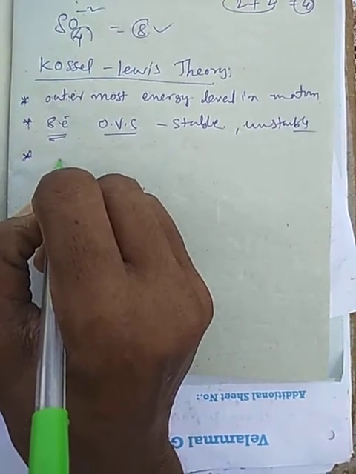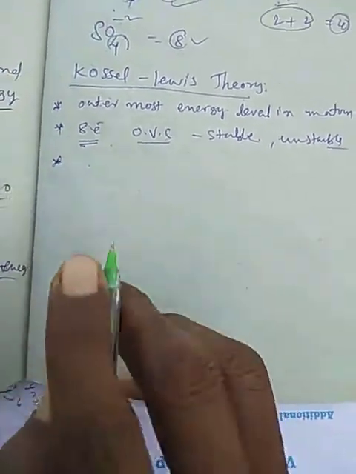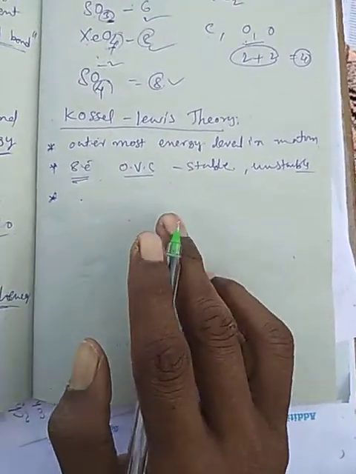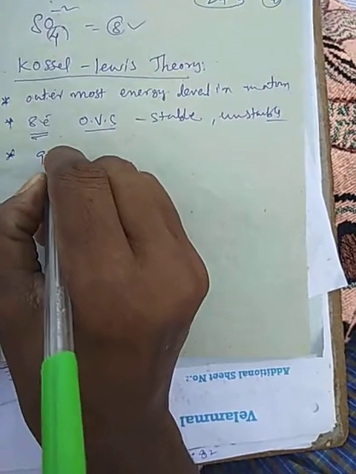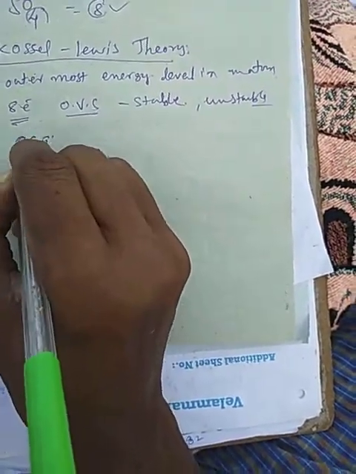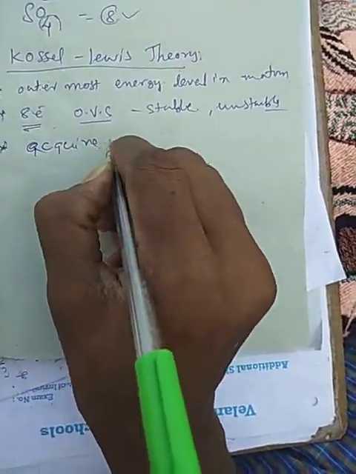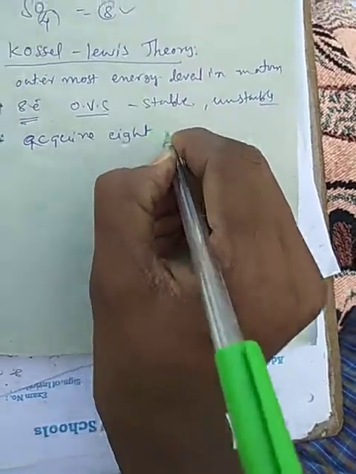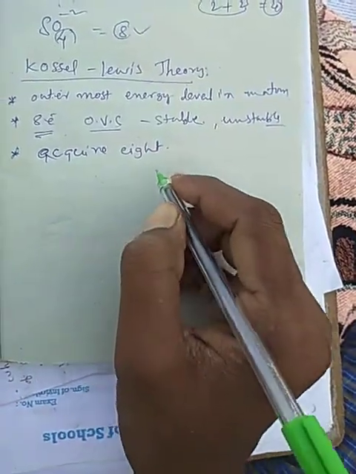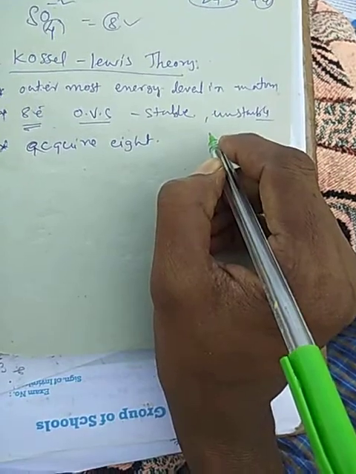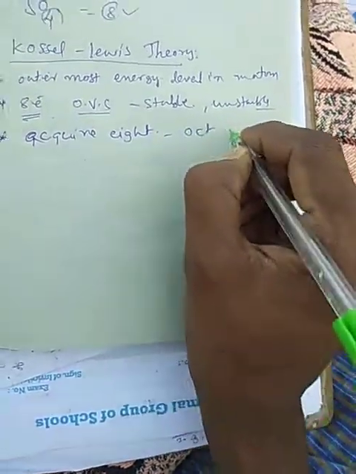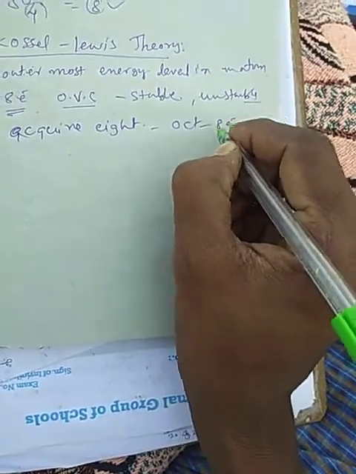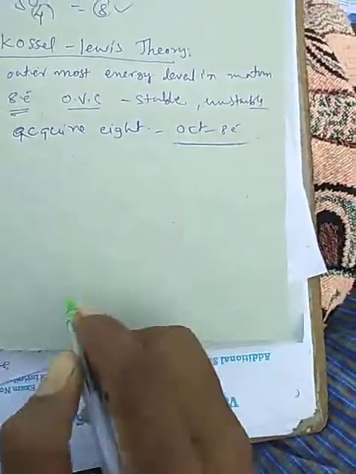Hence the elements, if they are not having 8 electrons, try to acquire 8 electrons in their outermost orbit. Then they get an octet, that is 8 electrons with octet configuration.